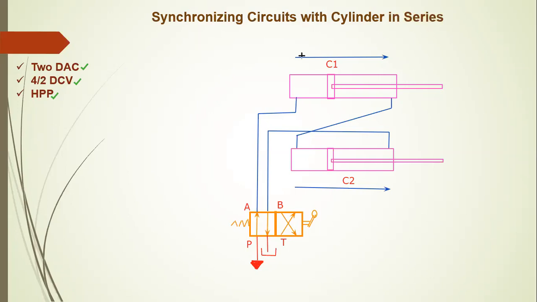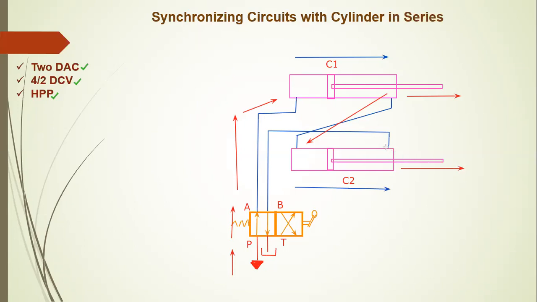Let's check how the hydraulic flow passes. The hydraulic flow passes from the hydraulic power pack to the direction control valve to the first cylinder, and the cylinder piston arrangement moves in the right hand side direction. The excess oil passes from the first cylinder to the second cylinder. At this time, the second cylinder also moves in the right hand side direction.